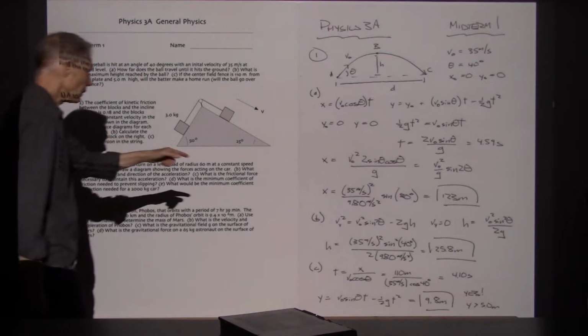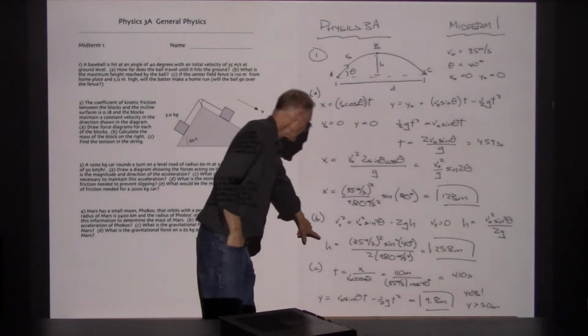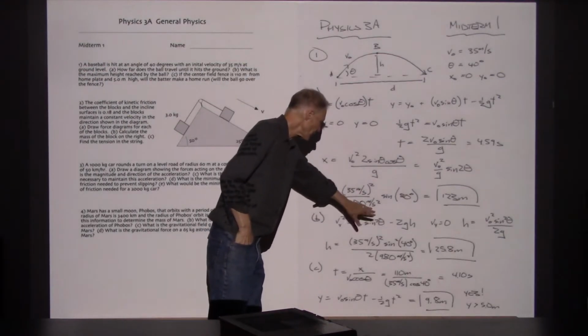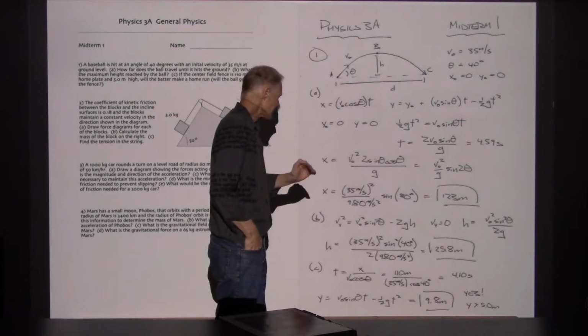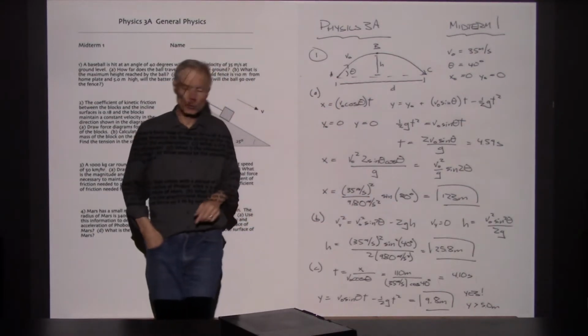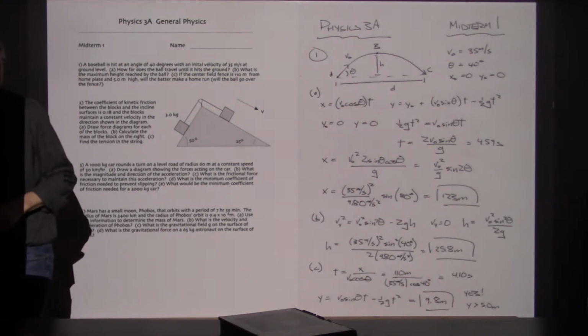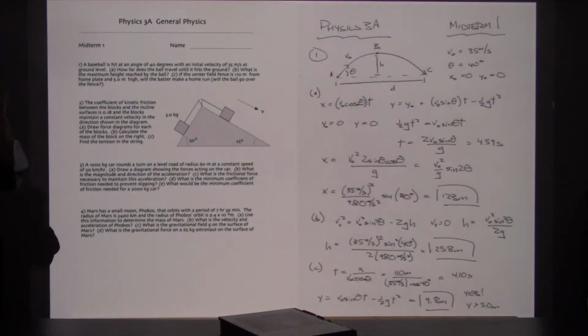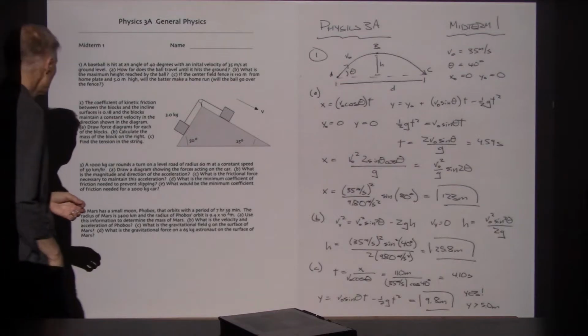So I've plugged that in here, and that gave me, plugging in all the numbers, canceling out all the units, units of meters and the numerical value 25.8. So it's going to reach a maximum height of 25.8 meters. Okay, so I'm carefully selecting the formulas of constant acceleration and the formulas for constant velocity in the x.